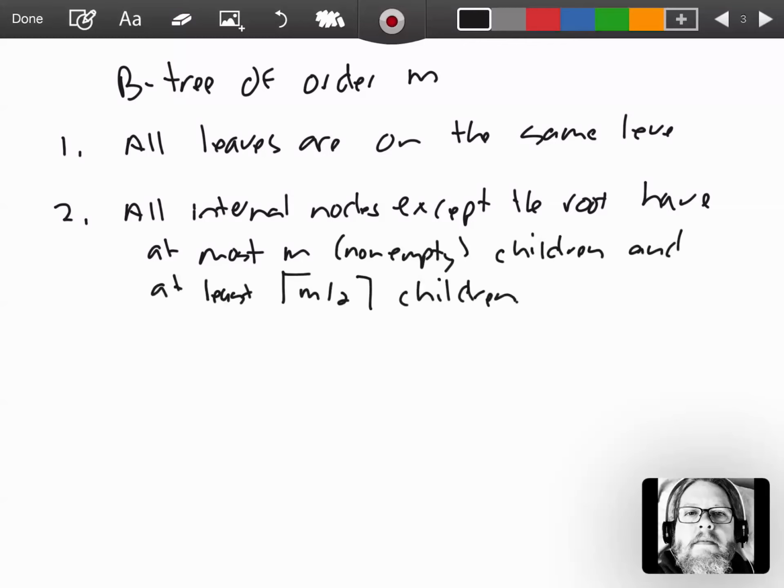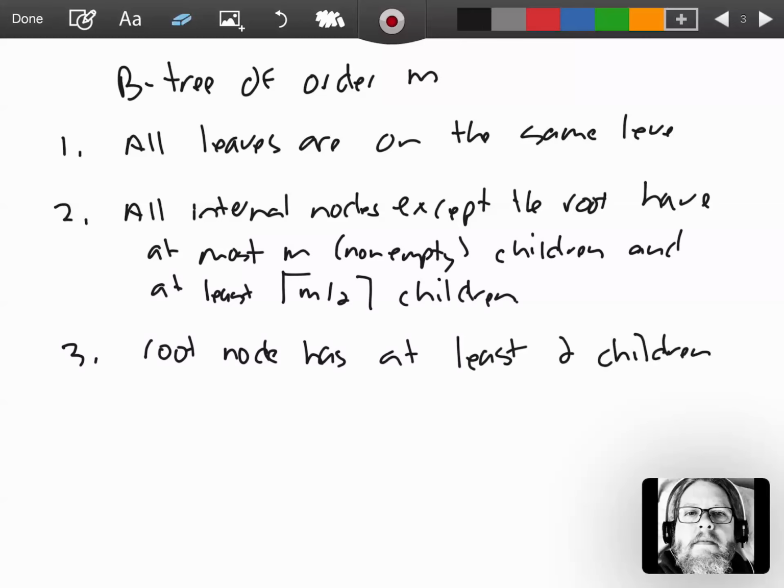And then third, the root node has at least 2 children if it is not a leaf, and at most M children.